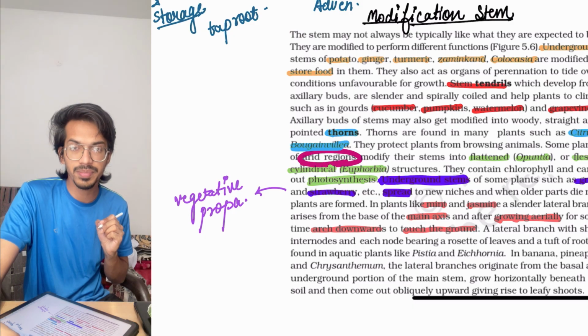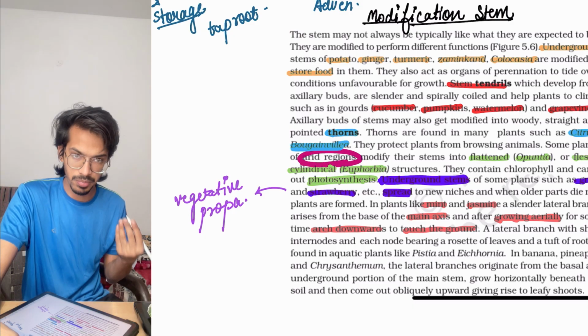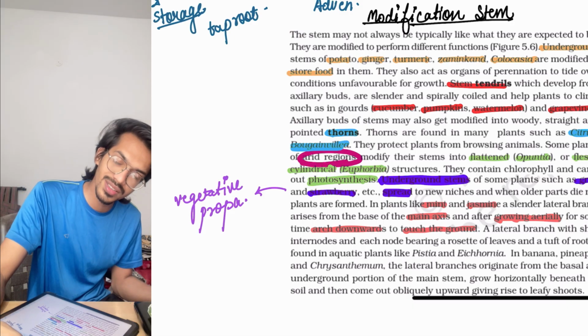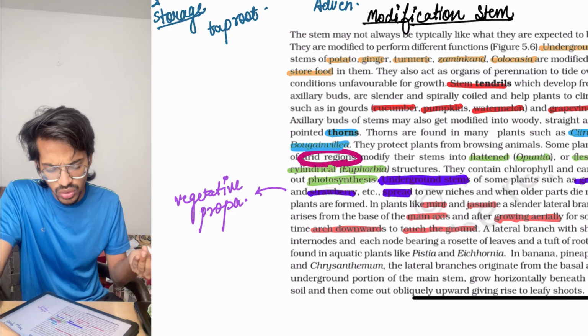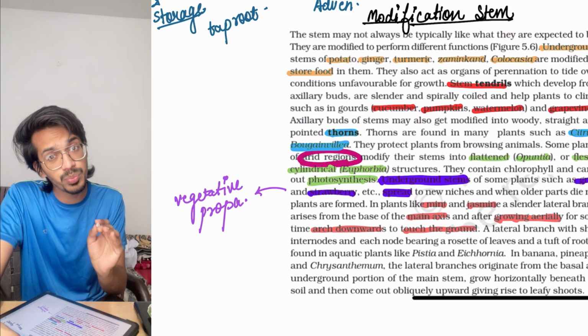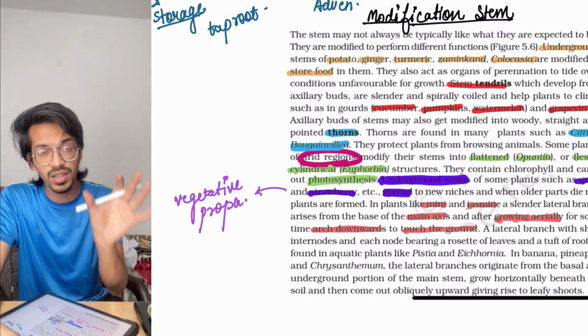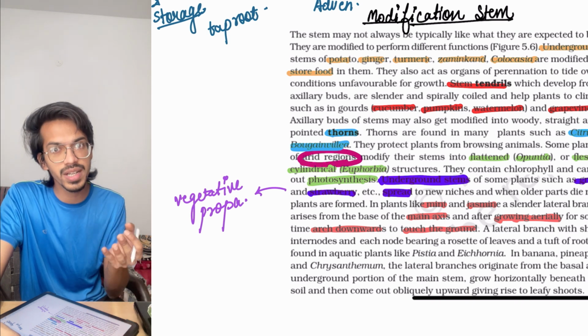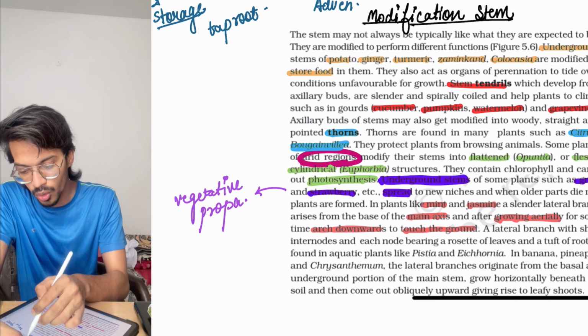So mint and jasmine have these kinds of things. The best way to learn is in the form of runners, stolons and so on, but here those words are not given, so we are learning that way only. These pointers will be given to you in the graph which I am going to share in the group. Here I am making you understand the NCERT, which is very important.